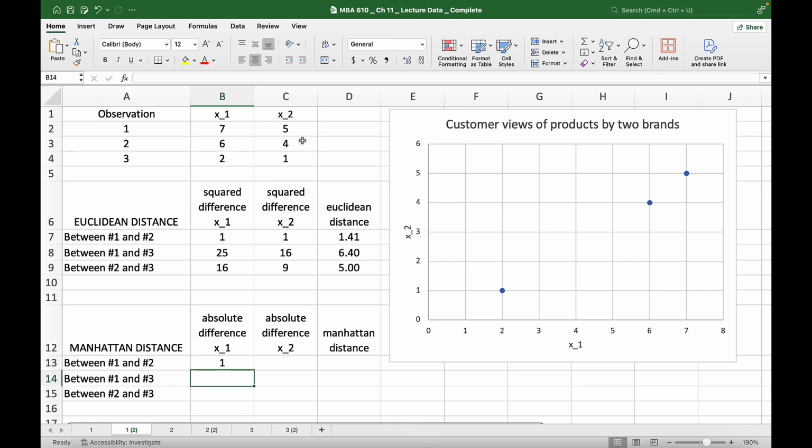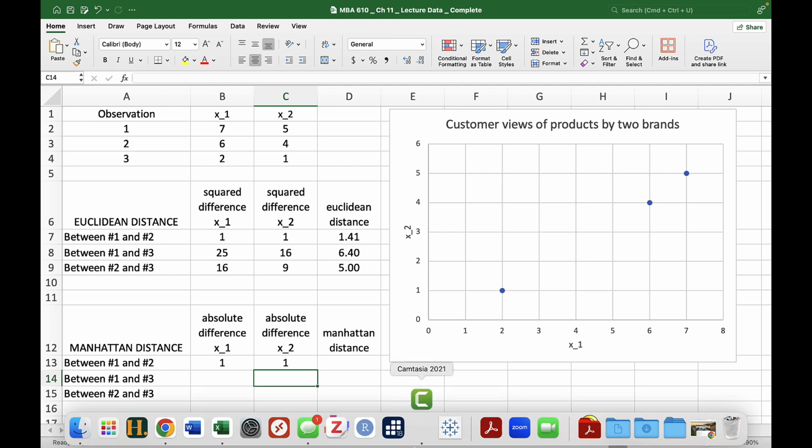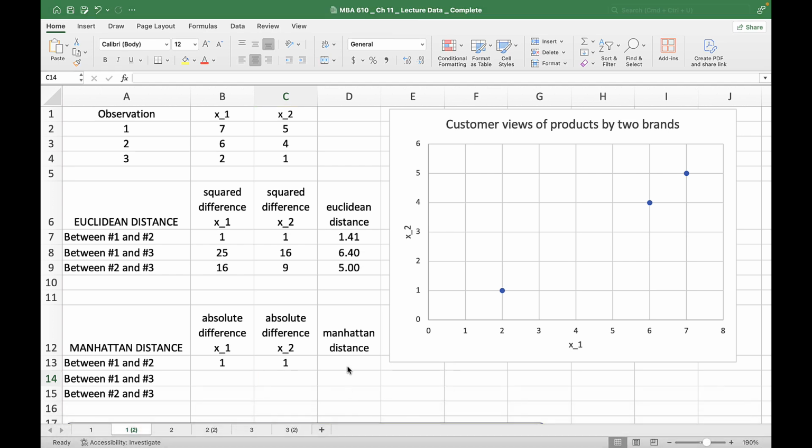And with regard to looking at North Face products, it's also a difference of one view. But we use the absolute value function so that it doesn't matter whether we do 1 minus 2 or 2 minus 1. And then the Manhattan distance is just equal to the sum of those two things.